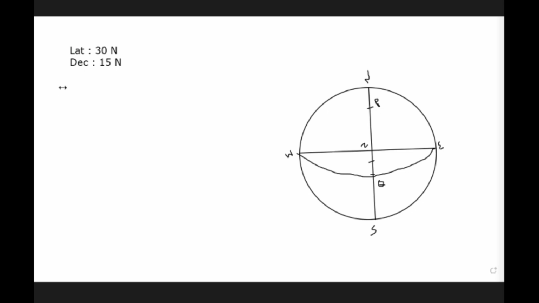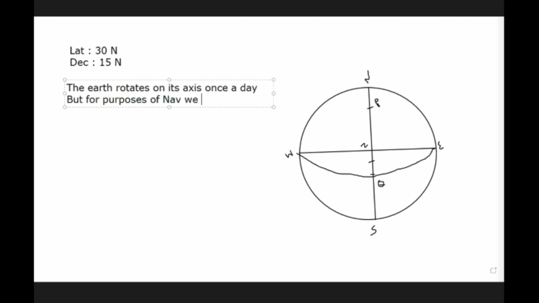And we know that all celestial bodies, okay, I'll give one more. The earth rotates on its axis once a day. That we already know. But for purposes of navigation, we consider the earth to be stationary.